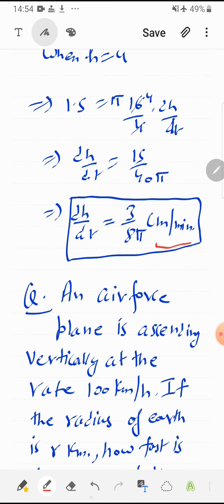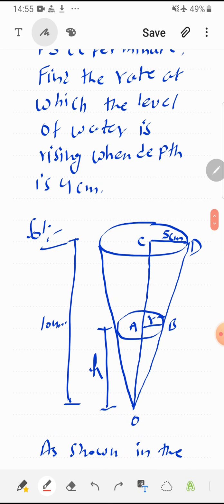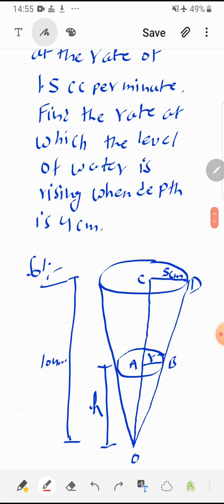And students, remember one thing, sometimes a statement is added in this question, like they don't say depth is 4, they say depth is 4 centimeter below the top. Now what does this mean, below the top? That means this is the depth which is given to you.